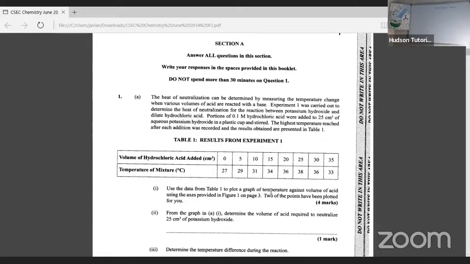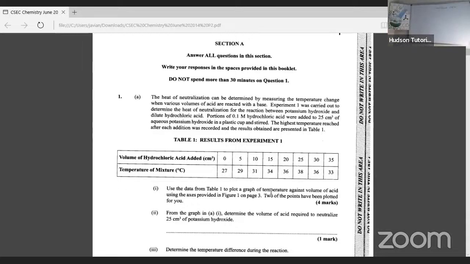So the first question says the heat of neutralization can be determined by measuring the temperature change when various volumes of acid are reacted with a base. Experiment 1 was carried out to determine the heat of neutralization for the reaction between potassium hydroxide and dilute HCl.